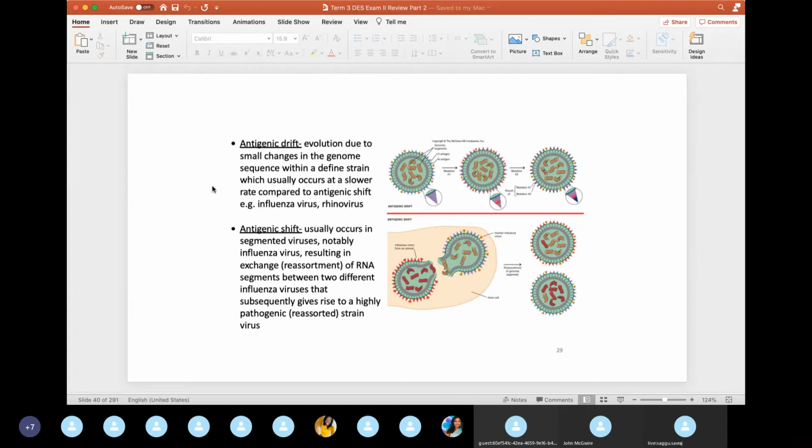Which one can cause an epidemic? Drift. Drift. Excellent. So antigenic shift is the main cause of your pandemic. Remember why? Because it results in reassortment of your RNA segments between two different viruses, right? However, with drift, there's only small changes. Wait, I'm sorry. Skype notifications. Never mind. So it occurs at a slower rate.